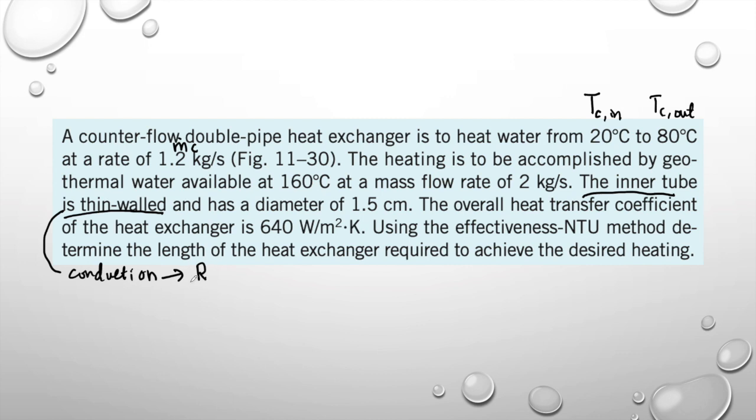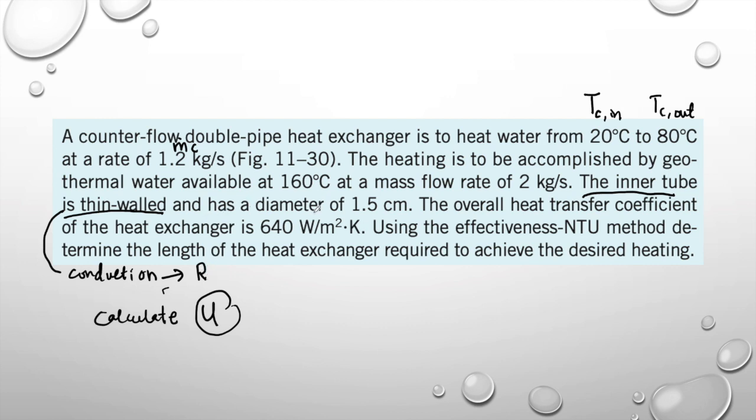This is important because in order to calculate the overall heat transfer coefficient, we must sum up all the resistance in our system. Since this is a thin wall, the conduction process can be neglected.